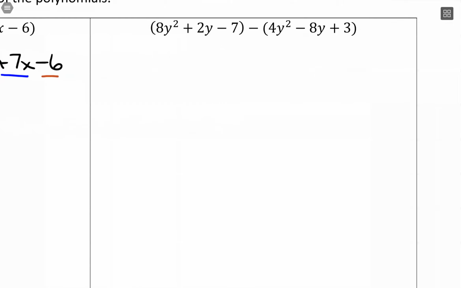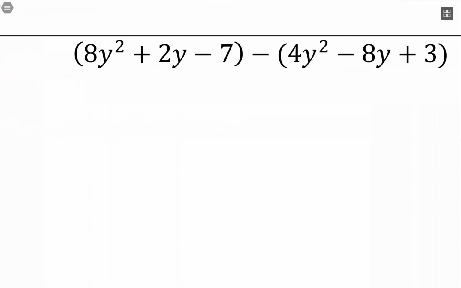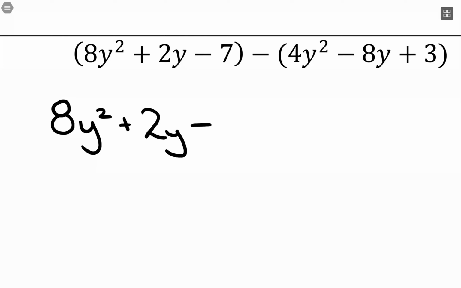Now for subtraction, what we're going to do is the first polynomial that we have, the parentheses are just going to drop. So this will be 8y squared plus 2y minus 7. But then, for the second piece, because there's subtraction between them, what we're going to do is think of it like there's a negative 1 right there, and we're going to take that negative 1 and distribute it into the polynomial.